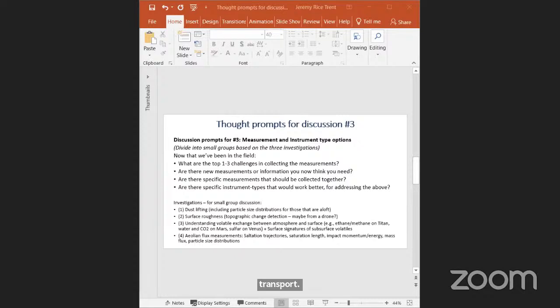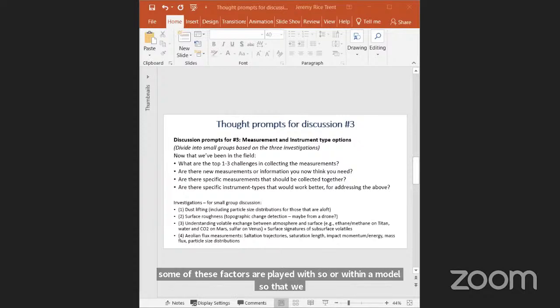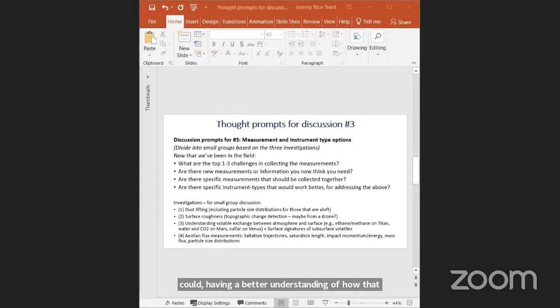And so what was raised was perhaps there need to be some identification of projects in analog sites where some of these factors are played with, or within a model, so then we could have a better understanding of how that may affect the measurement compared to the measurements that we can make normally here on Earth. I think that's it. So if anyone from the group, if I missed something, please add that on.